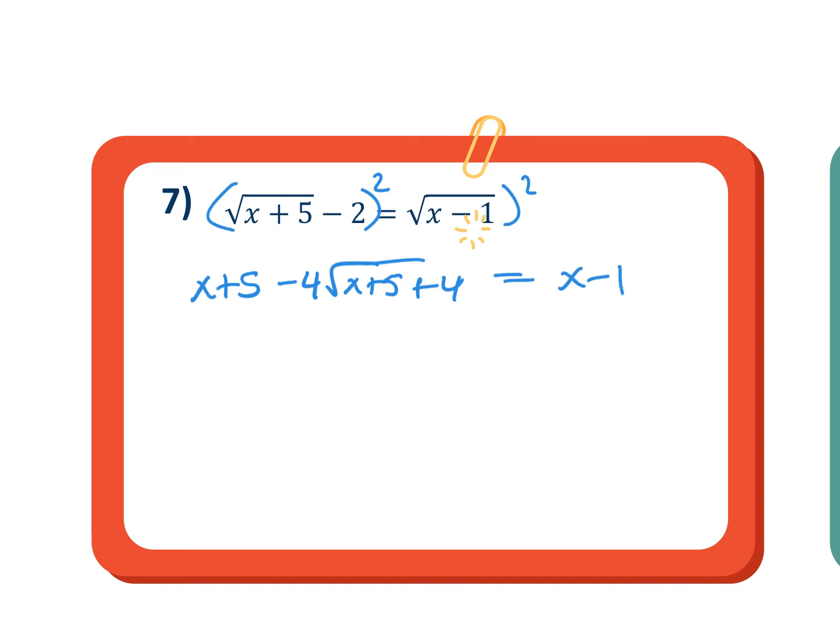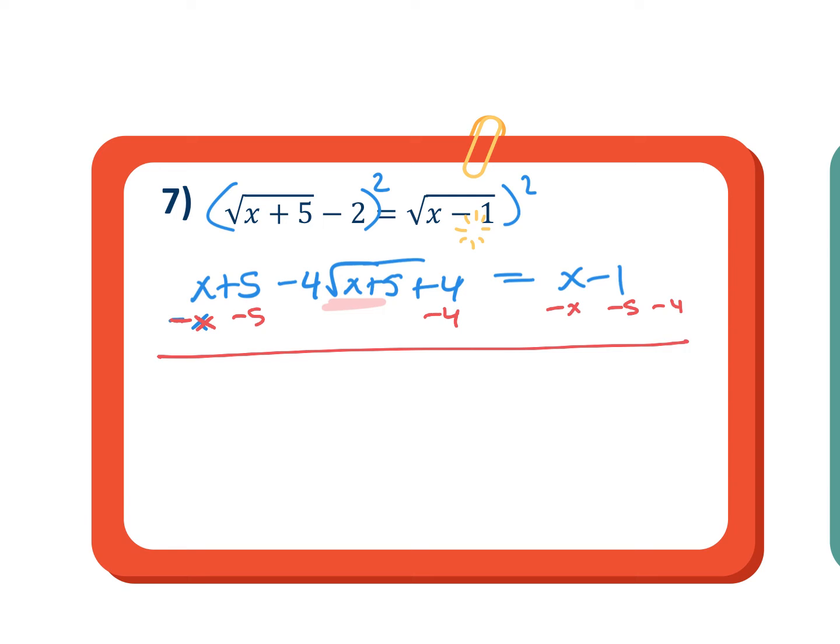Again, I want to isolate my next radical. So I'm going to move the x over. Move the x, move the 5, move the 4. So minus x, minus 5, minus 4.